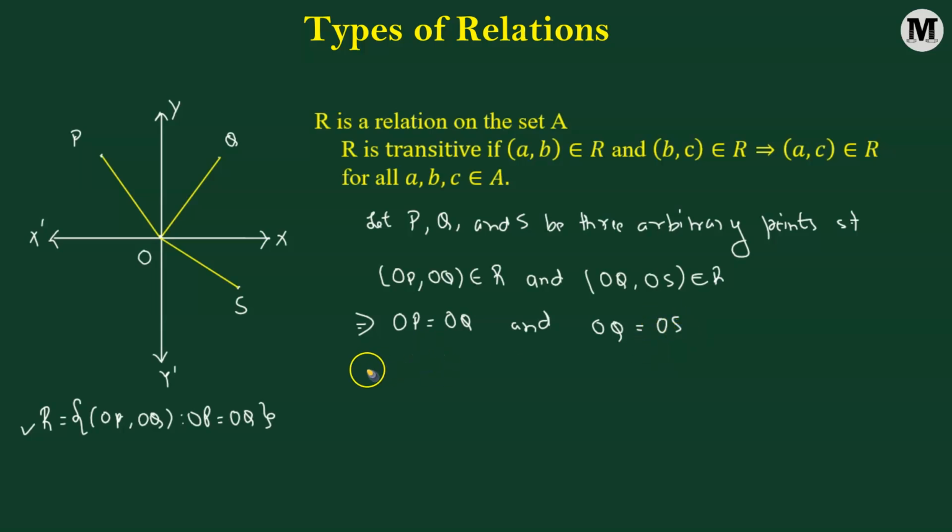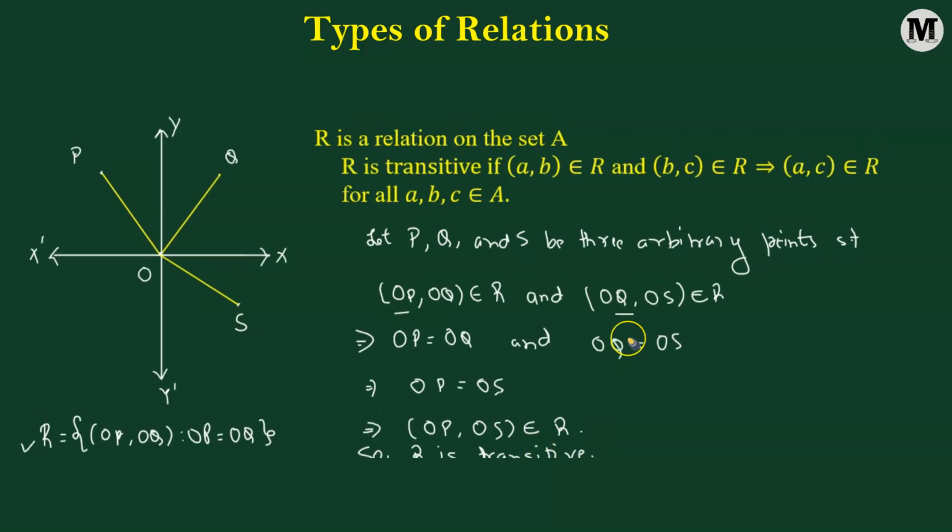That is the definition. Now OP equals OQ and OQ equals OS. Can we not say that OP must also equal OS? Now if OP equals OS, this tells us that the ordered pair (OP, OS) belongs to the relation R as well. So here we considered two ordered pairs (OP, OQ) as well as (OQ, OS), both belonging to the relation R, and we were able to show that (OP, OS) also belongs to the relation R. In other words, we have shown that R is transitive as well.